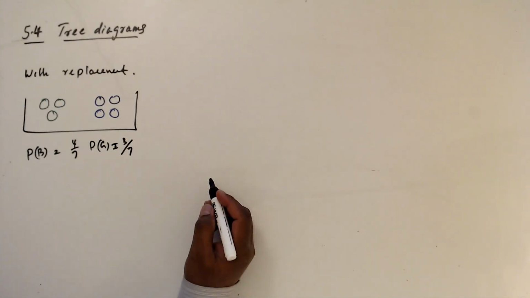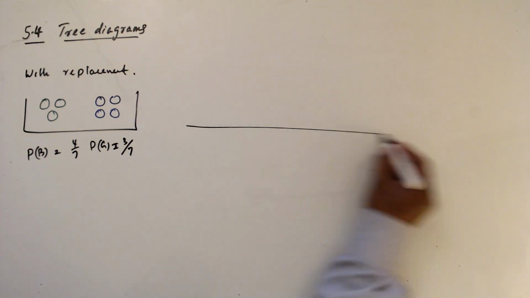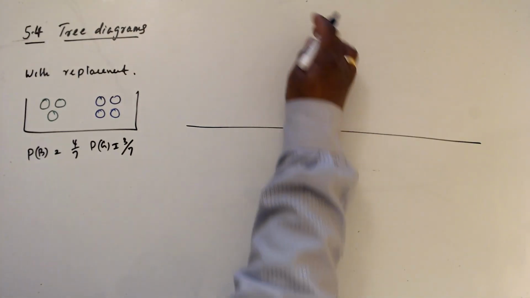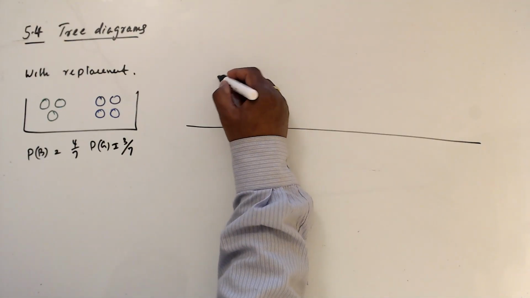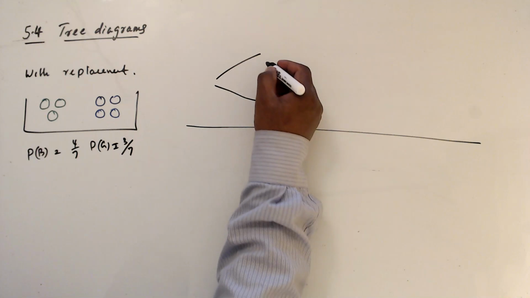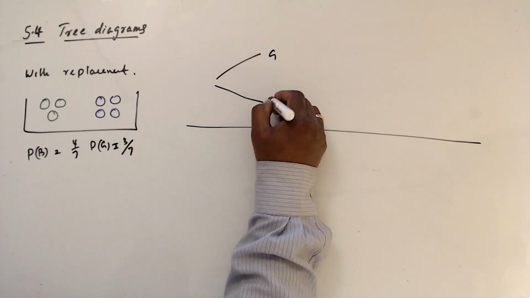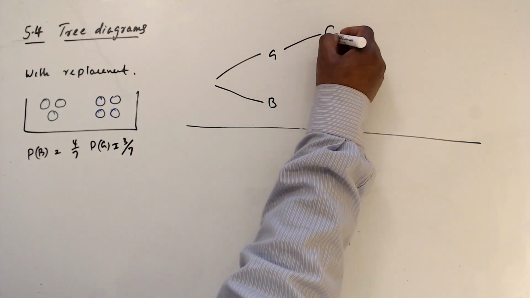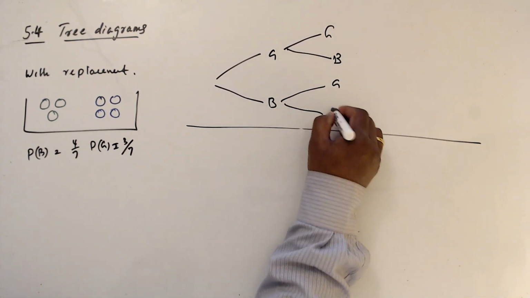So assume that two times I pick a marble, then I can show this from a tree diagram. Let's start with green, blue, then again for the second pick, green, blue, green and blue.